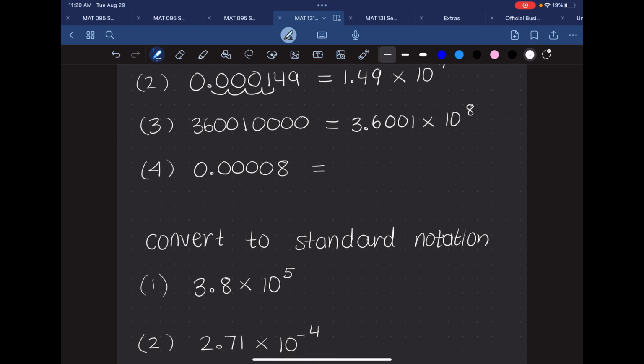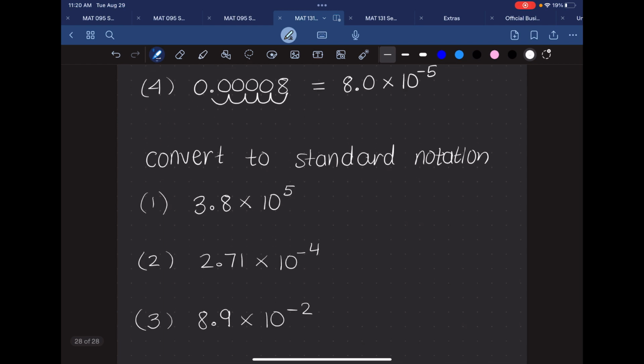Now for this last one, the only digit that's non-zero is an 8, so I can write 8.0 just to really specify where my decimal point is. And I do times 10 to the 1, 2, 3, 4, 5. So I have times 10 to the negative 5.